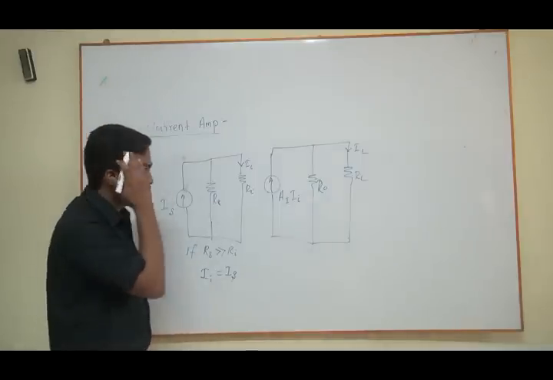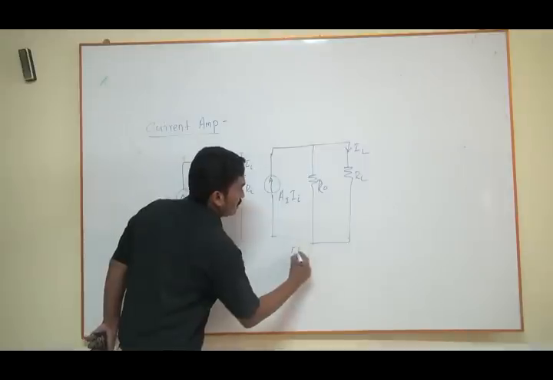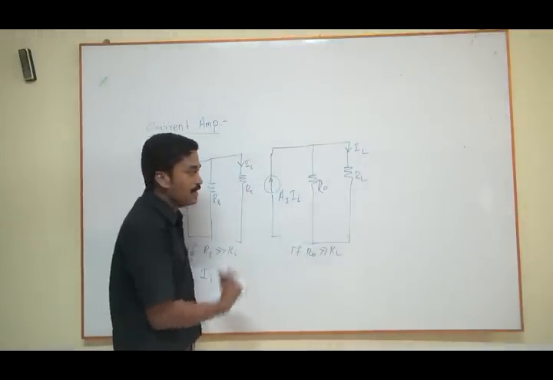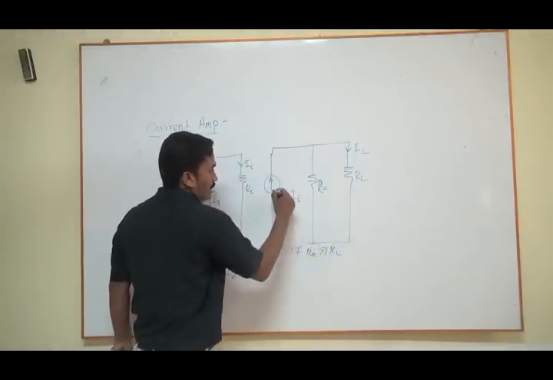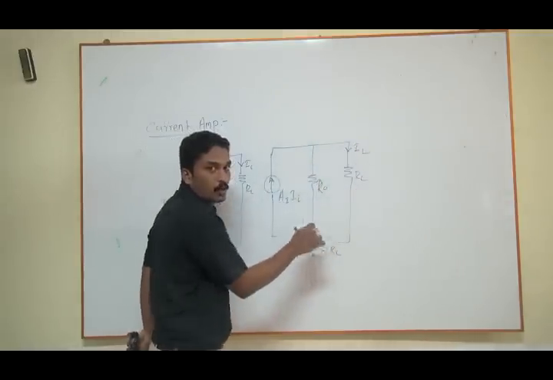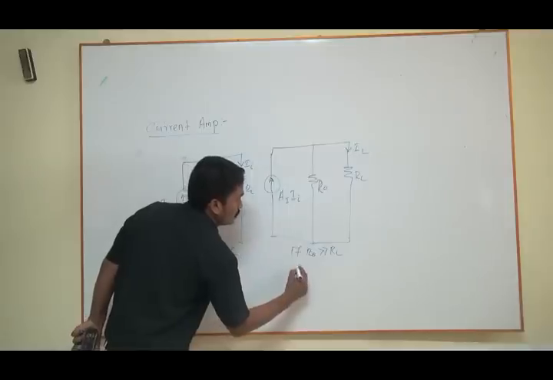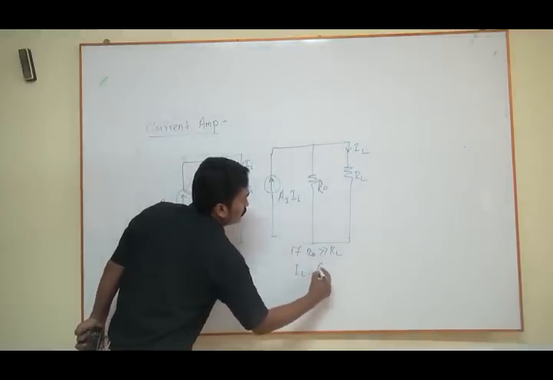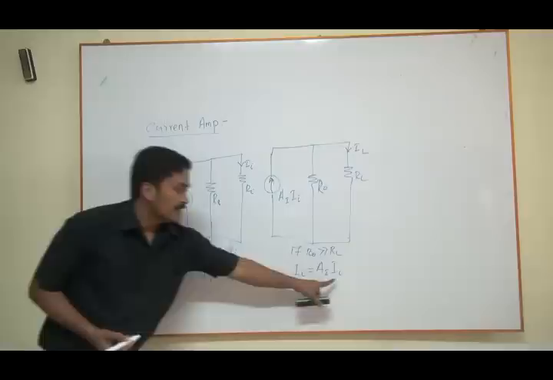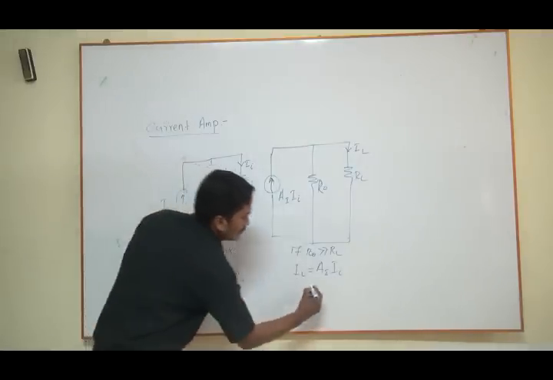Let us come to the output side. Similarly, if R0 is much greater than your load resistance RL, then almost all the current will be flowing through the load resistance RL. So your IL now is equal to Ai Ii, and this Ii is equal to Is.